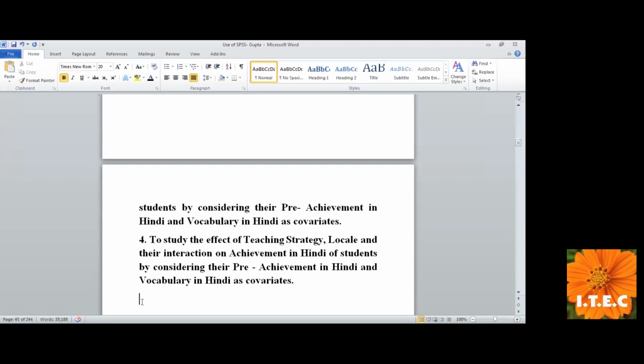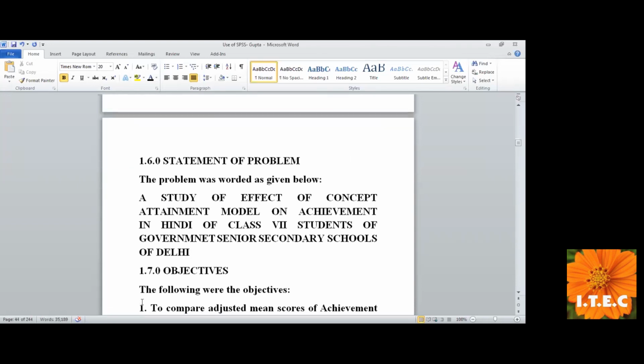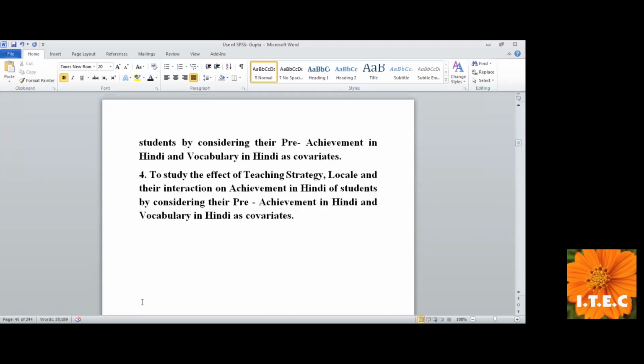And the hypothesis will be, so next is 1.8.0. Hypothesis. The following hypotheses were formulated.